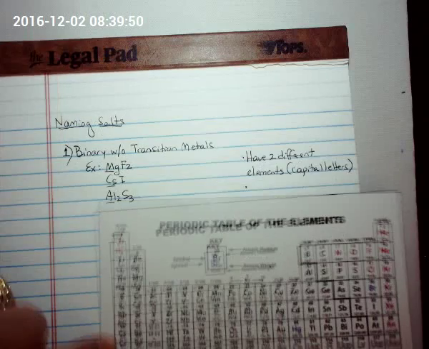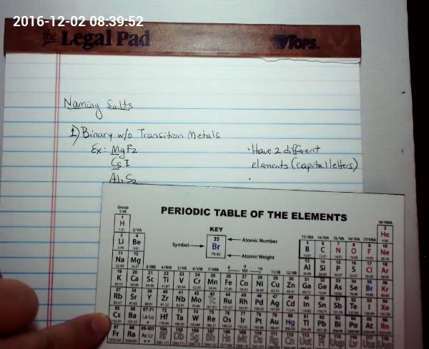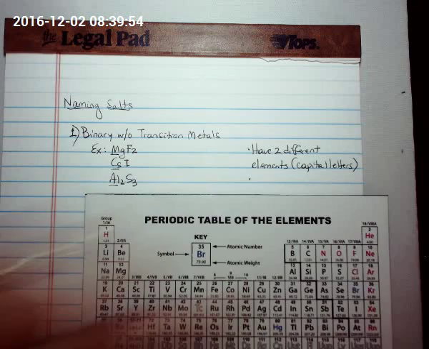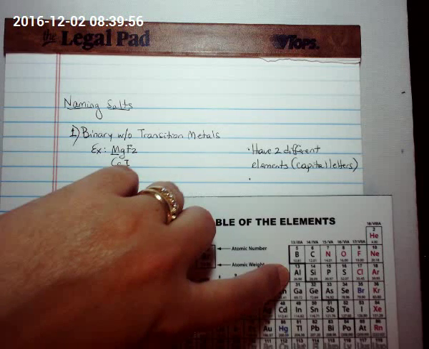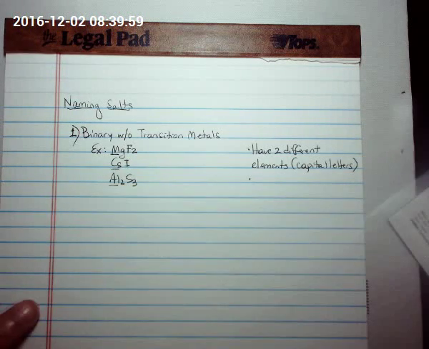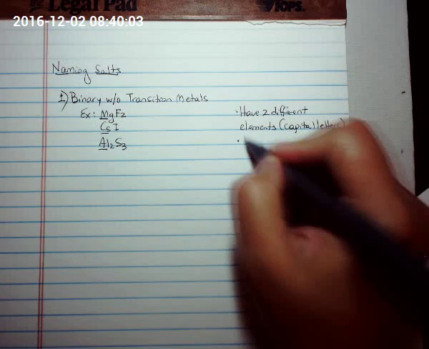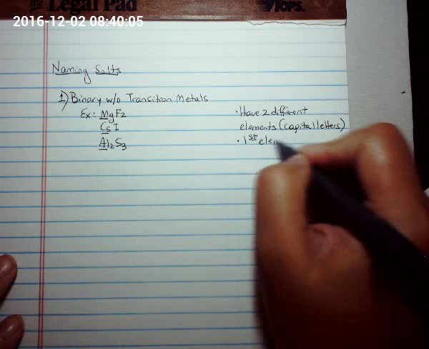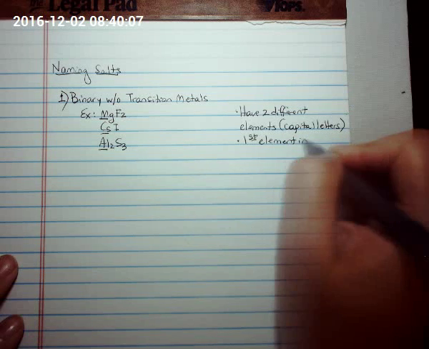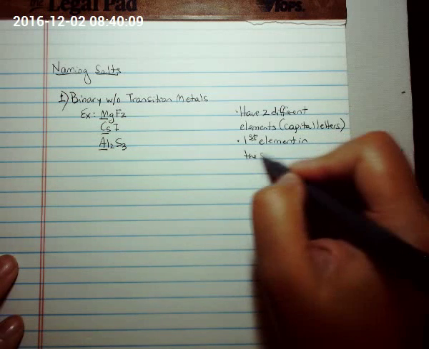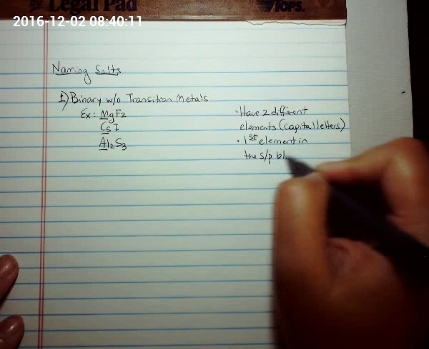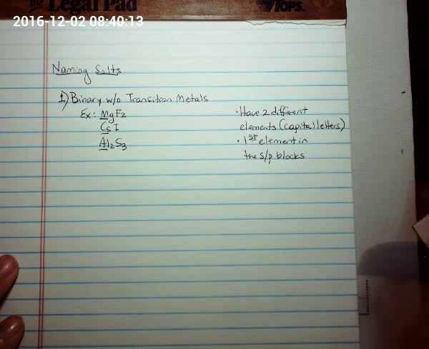Oh, you can't see my finger. All right, down there. Is it a transition metal? How about aluminum? Is it a transition metal? All right, so it's 2 different elements. The first element has to be in either the S or the P block. Right, exactly.